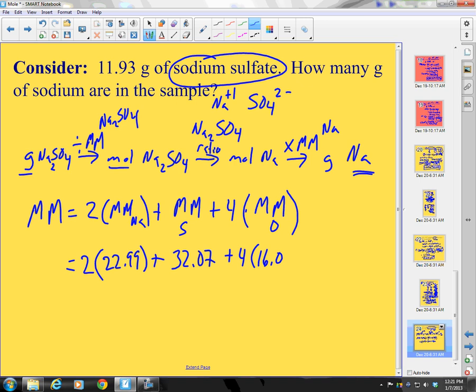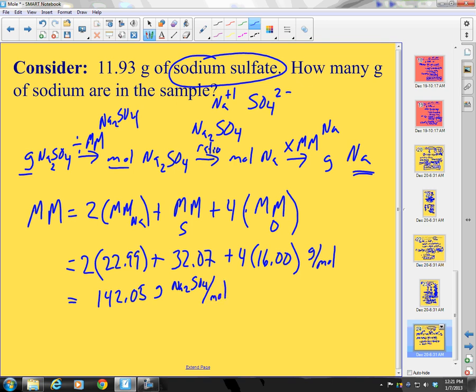I know oxygen. And this is what? Grams per mole. Good. So let's calculate this out. 2 times 22.99 plus 32.07 plus 64, and I get 142.05 grams of sodium sulfate per mole of sodium sulfate.